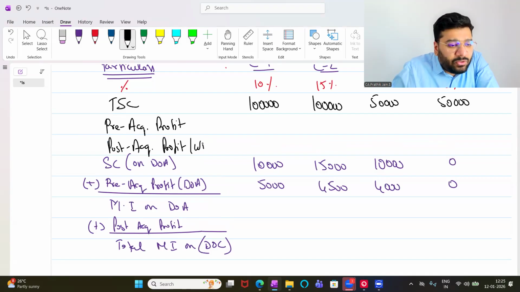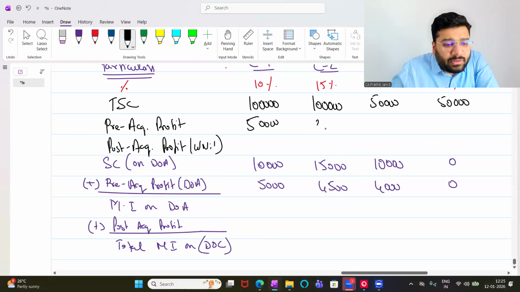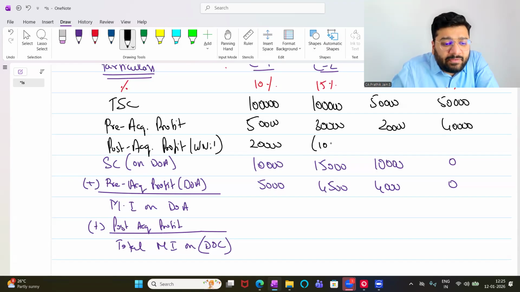This is coming from working note number 1. Tell me the pre ones, fatafat. 50,000, 30,000, 20,000, 40,000. Okay. What is post? 20,000, negative 10,000, 0, 15,000 positive. Okay.